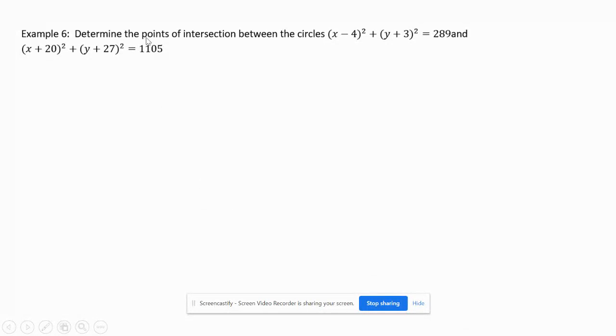Okay, example 6, guys, very similar type of question over here, just the numbers are getting bigger, but we're going to go ahead and finish this guy. So for the first one, I'm going to expand this circle.